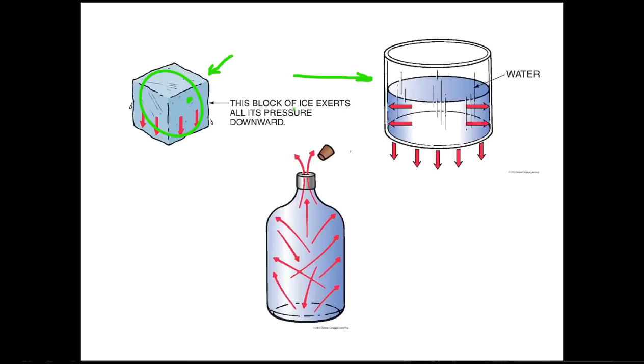So not only are they bound together, they start to cut loose their binds with each other and turn into a liquid, and they start to exert some force in the downwards and outwards direction, like in this container. Then as we add more heat and we turn this water and liquid into vapor, those molecules are bouncing around really fast and it exerts pressure in all directions.